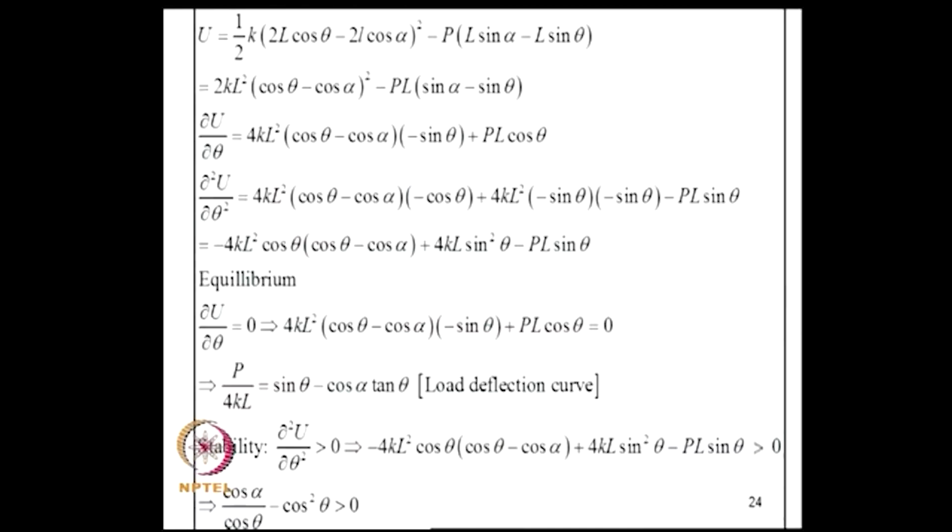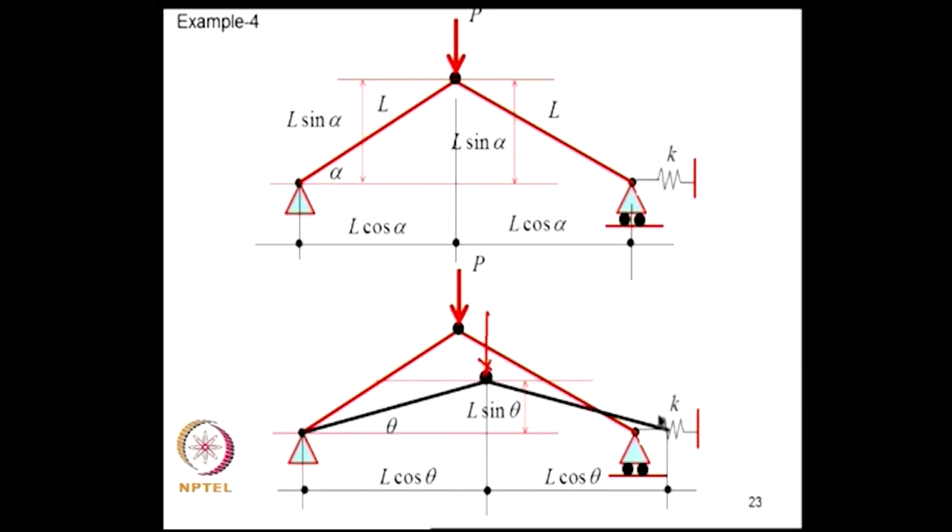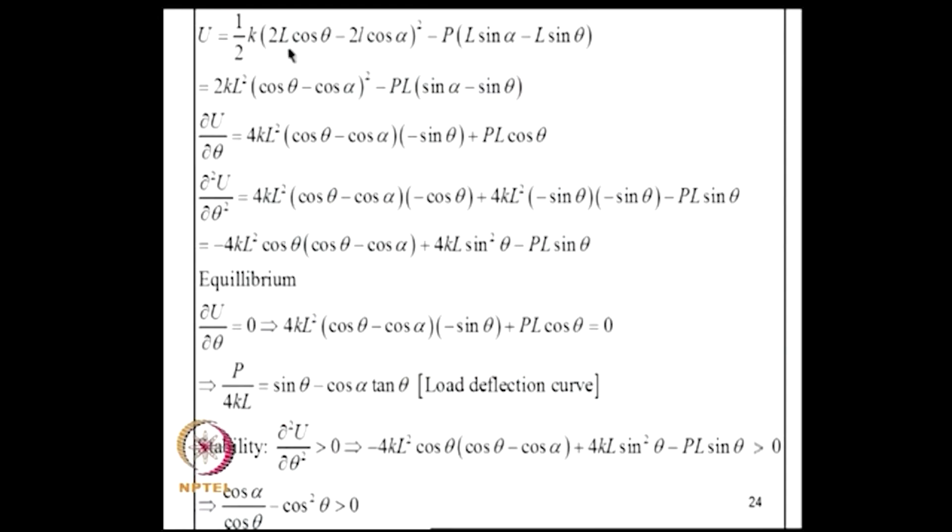So, we get the total potential to be given by the strain energy stored in the spring, which depends on the distance through which this point has moved. This distance is 2L cos alpha, whereas this distance is 2L cos theta. So, the difference between the two is the distance through which this roller has moved, and that is here 2L cos theta minus 2L cos alpha, whole square, half k.